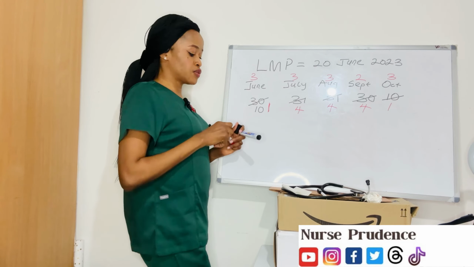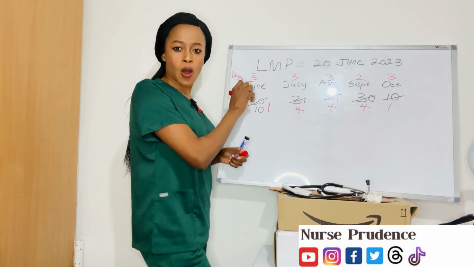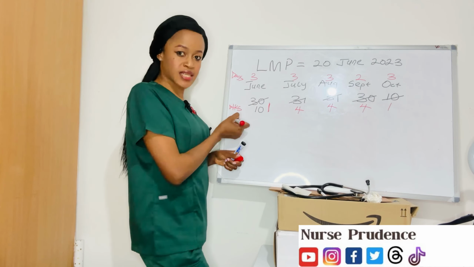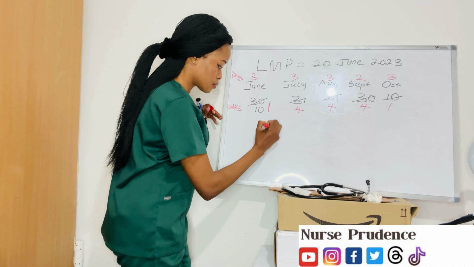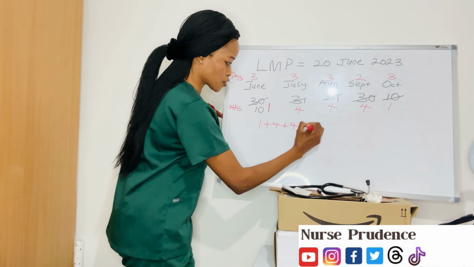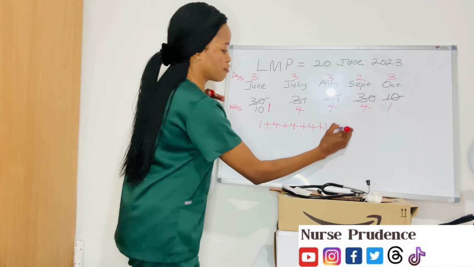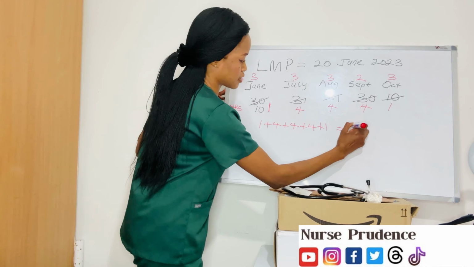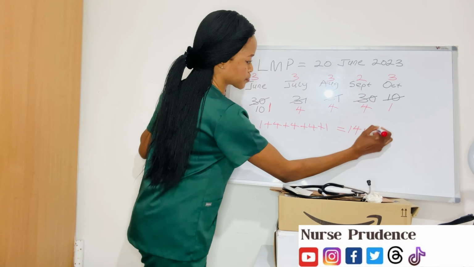So what we are going to do now is to add up these numbers. Remember, the numbers up are days and the numbers down are weeks. Now you add up 1 plus 4 plus 4 plus 4 plus 1. This will give you 14 weeks.